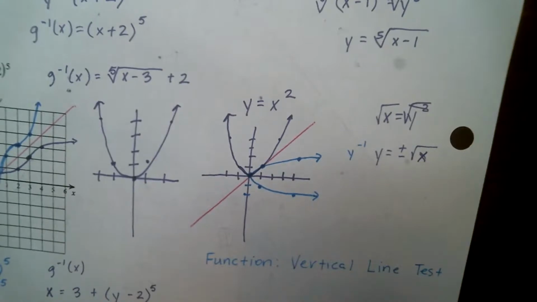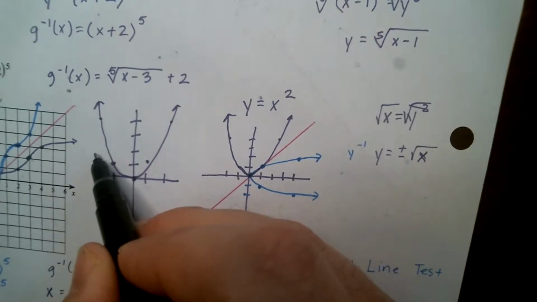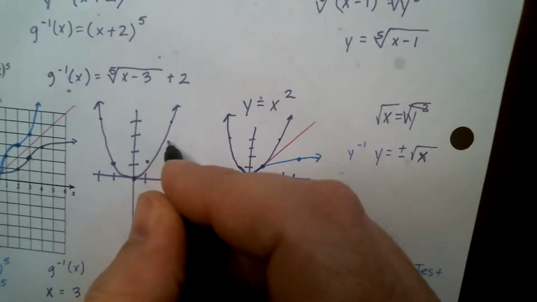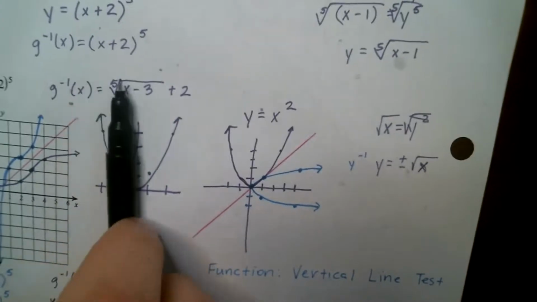Is that correct? So if an x repeated here, like if another x was right here, then that vertical line test comes from that. So if an x repeated, it wouldn't pass the vertical line test.